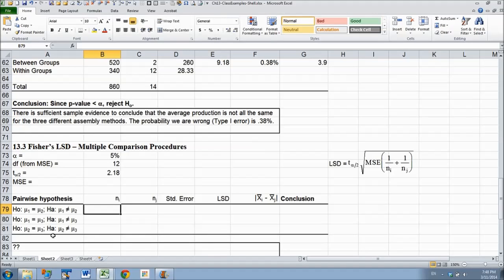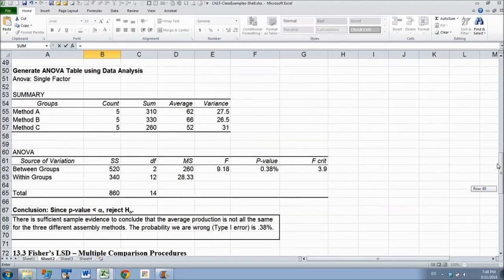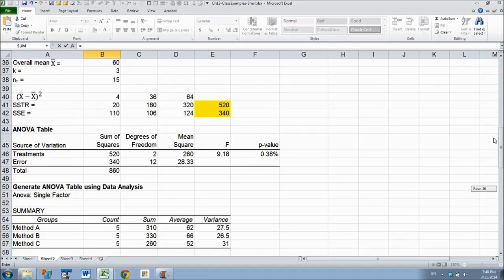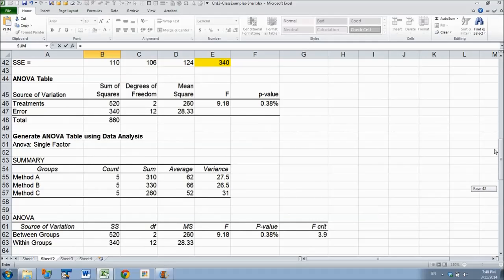First comparison is between the first sample and the second sample. So it is the sample observations. We can get it from the ANOVA data analysis output or the output that we set up earlier.